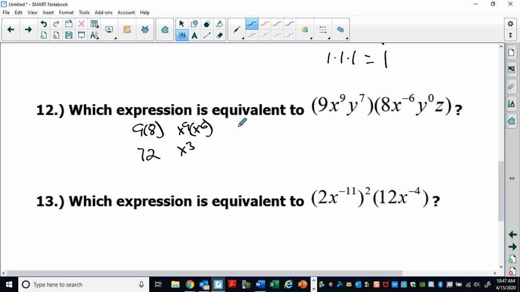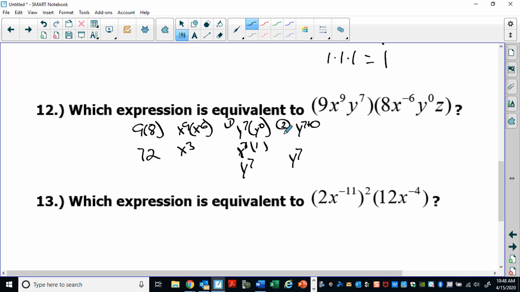Then we have y to the 7th times y to the 0 power. Anything to the 0 power is 1. So because that's true, this is going to be 1 here. There are two ways you could do this. You could just make this 1 inside of there and say y to the 7th equals y to the 7th, or you could say 7 plus 0 simply equals y to the 7th.